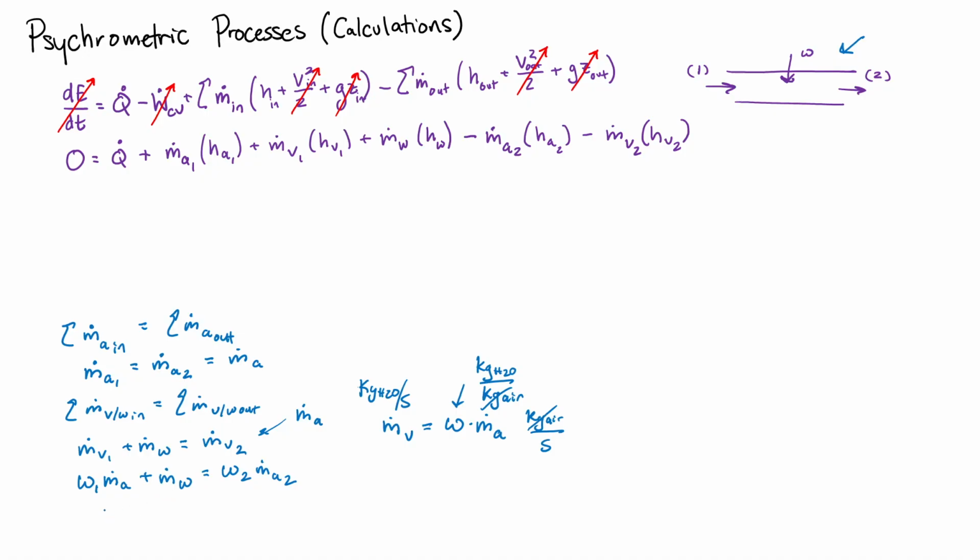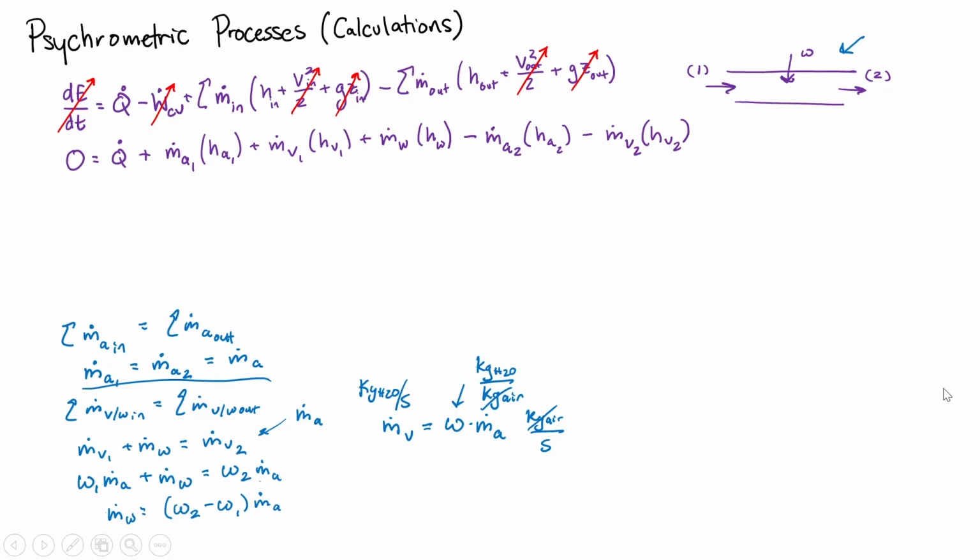And that means that I can actually solve for this m dot of water, which is going to be equal to the omega out, so omega 2 minus omega 1, times m dot of air. Because again, m dot air in and out are the same from this equation.